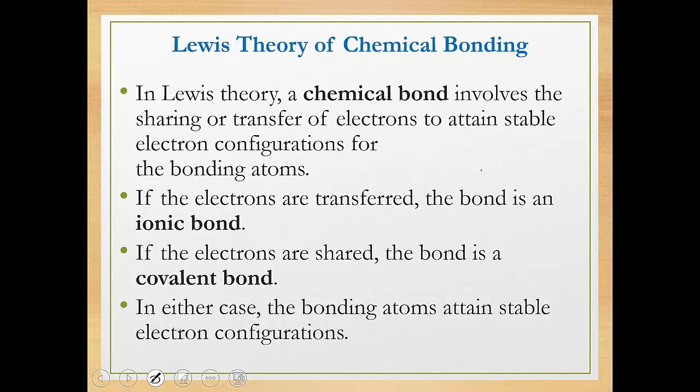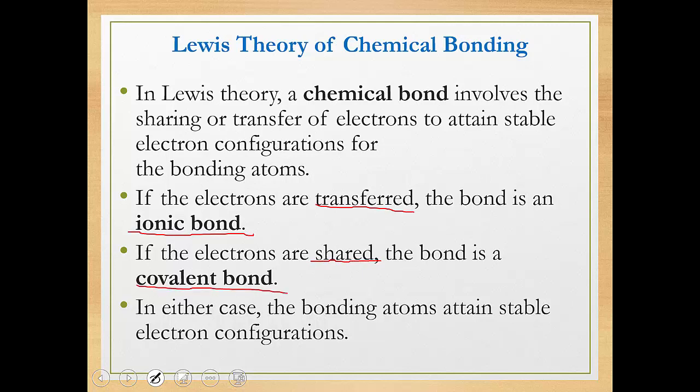So what we will look at is whether or not electrons are simply transferred from one structure to the other, in which case we are looking at an ionic bond. Okay, so transfer is ionic bond, or if the structures are going to share their electrons between them, in which case it's a covalent bond.